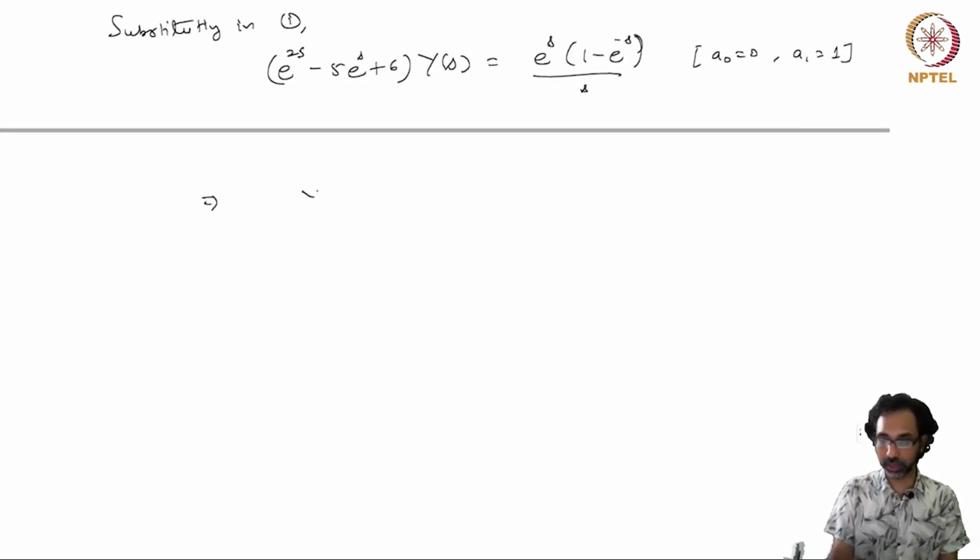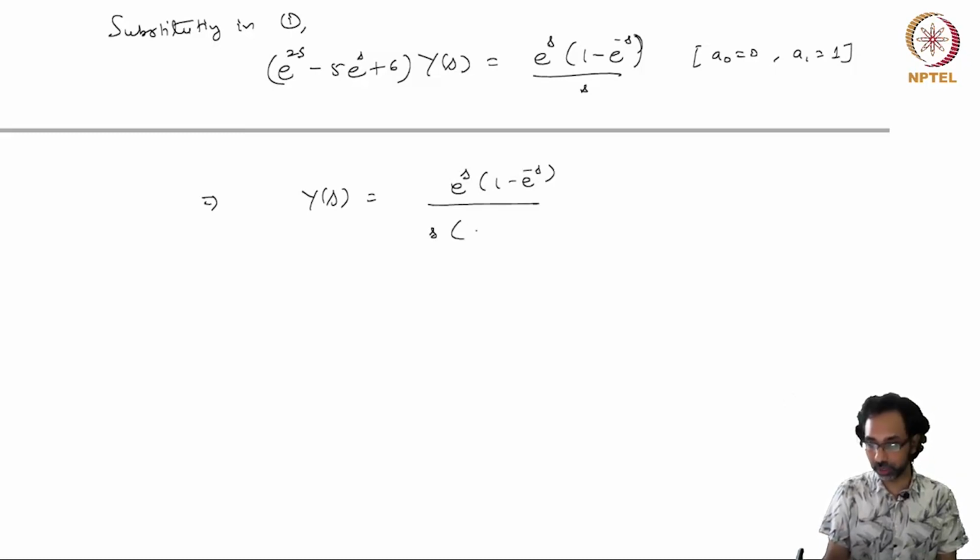So Y(s) can be written as e^s (1 − e^(−s))/s divided by (e^(2s) − 5e^s + 6), and the denominator can be factorized.